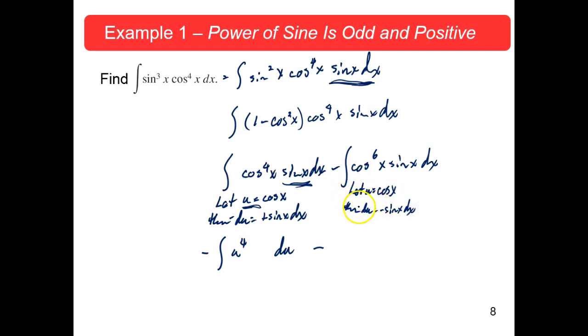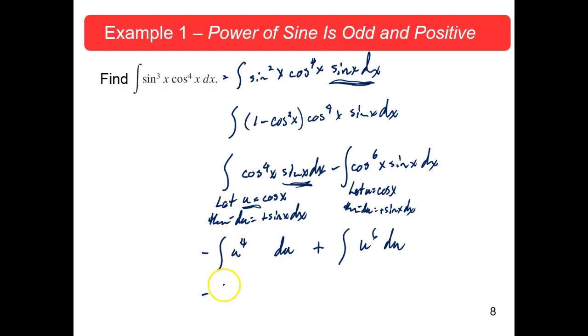Okay. So we'll put that a minus and that a plus. Now this will be the integral of, and we're going to have a minus out front, so that makes that a plus. What will that be then? U to the 6 du.